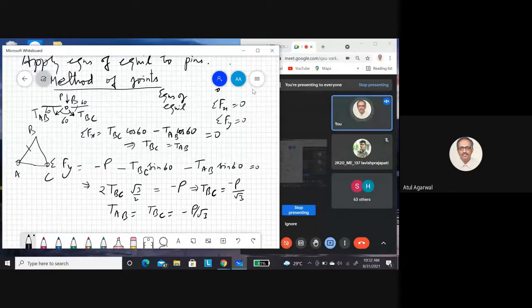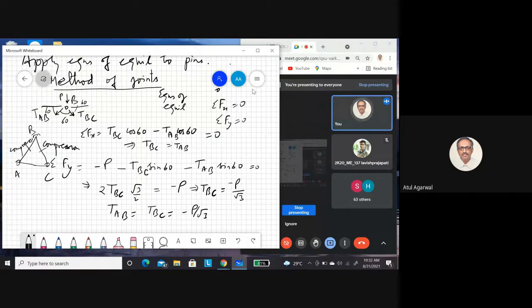So these two bars you had assumed in tension, but this sign is negative, so basically they are in compression. You come to know that they are in compression because of this negative sign. All right. Any doubts?